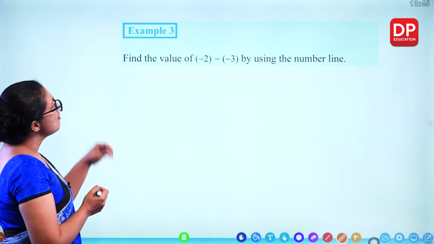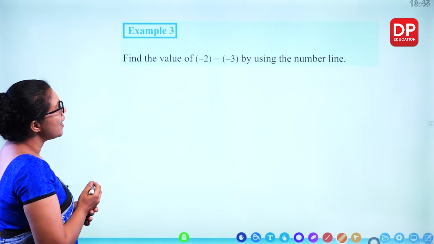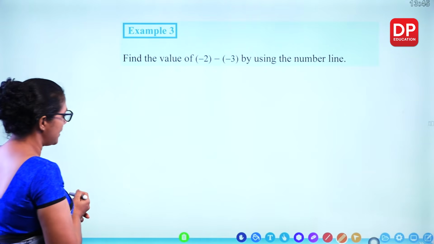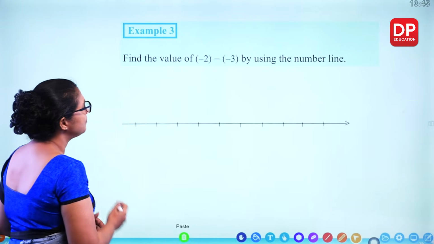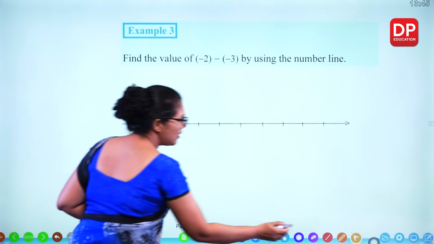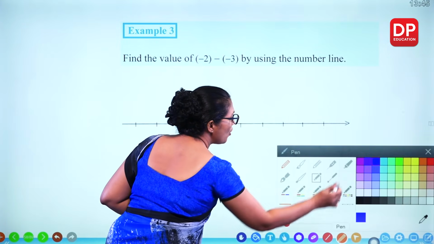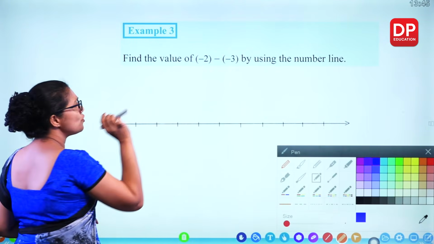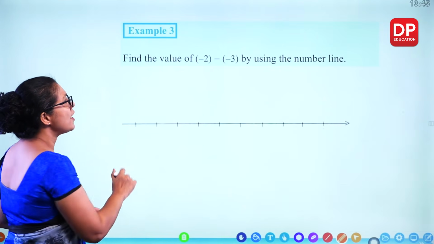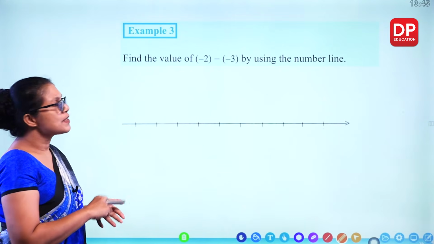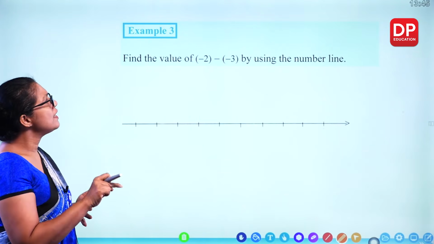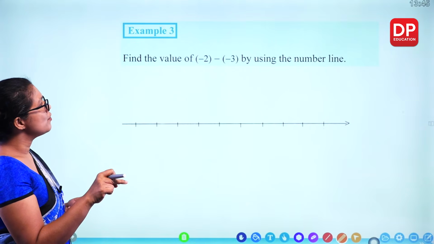Example number 3, find the value of -2 minus -3 by using the number line. So we'll take the number line. Now here, before we mark the points, you have to look at carefully. Starting point is -2. Minus means you have to move to the right side by 3 units.